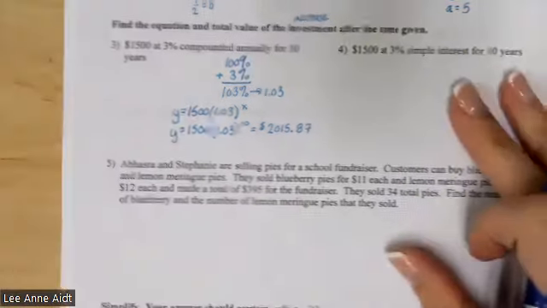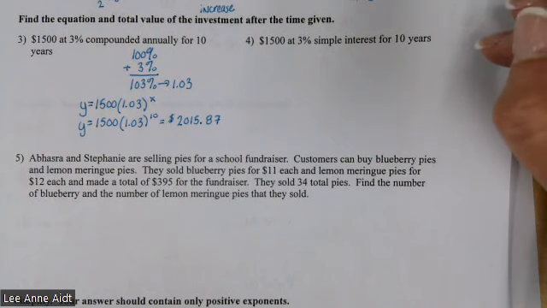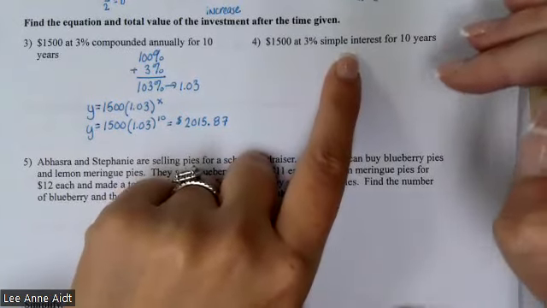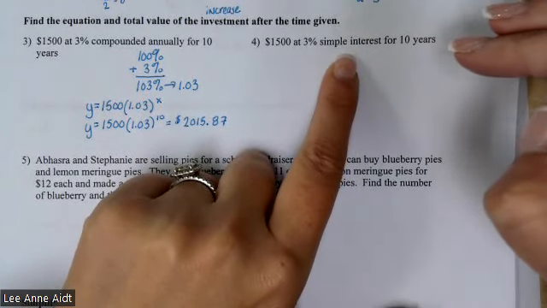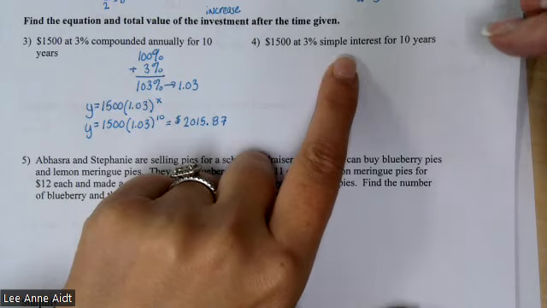Okay, any questions about number 3? We've done a bunch of those, I think. That was your digital escape and everything. Okay, this is a little different. We haven't done simple interest in quite a while. It was problems like 21 to 24, the very beginning of the chapter.